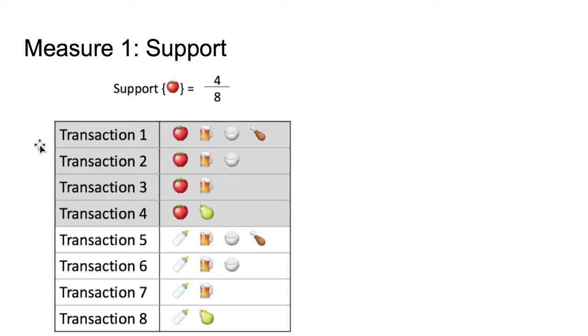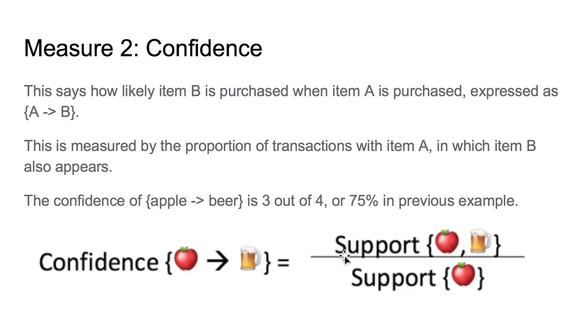It's very obvious the first 3 transactions contain Apple and beer together. So we put 3 as the numerator, and then how many transactions in total? It's 8. Then we can easily find out the confidence for Apple to beer as 3 out of 4.